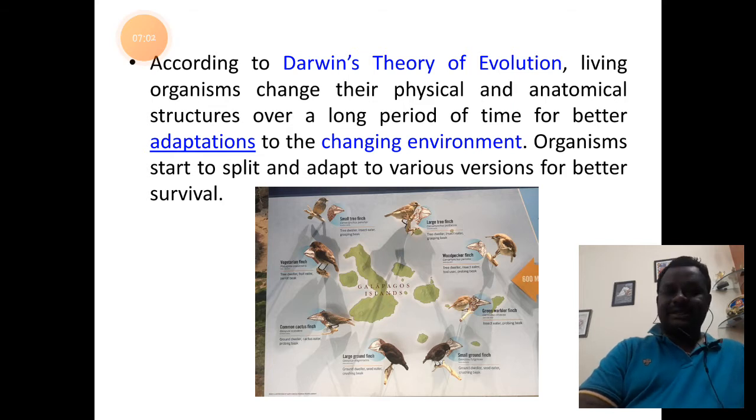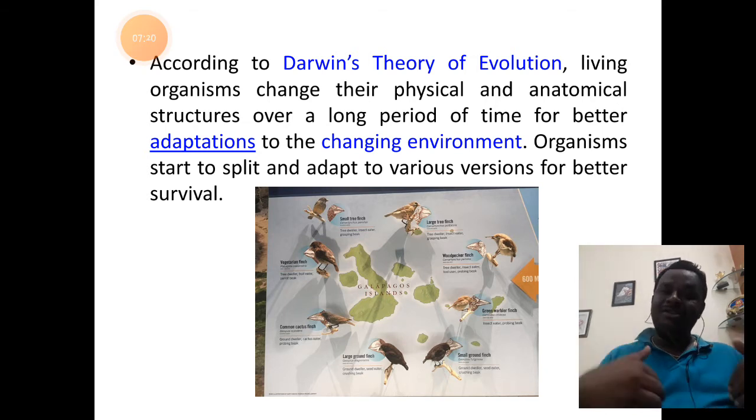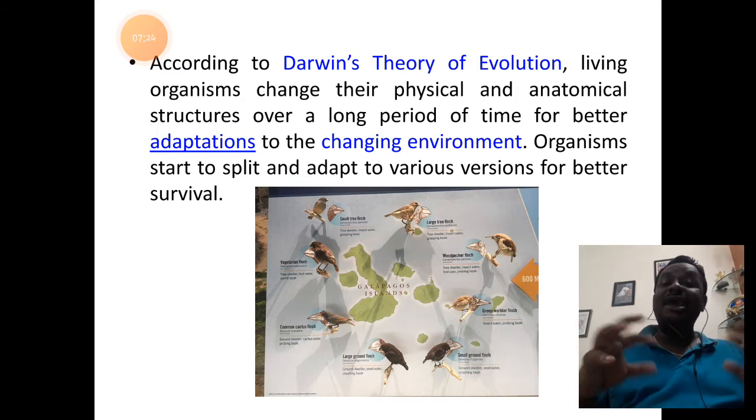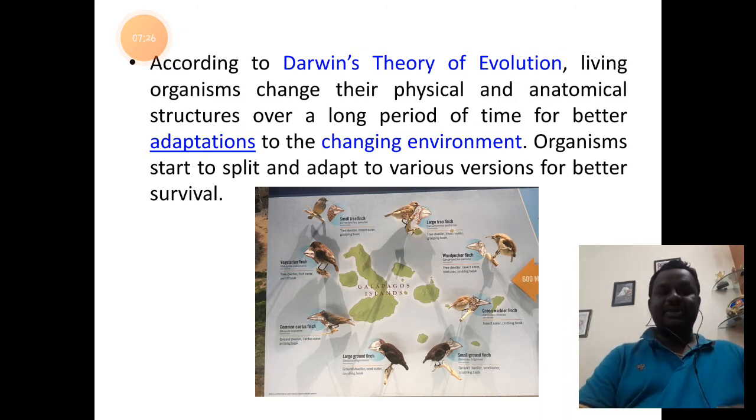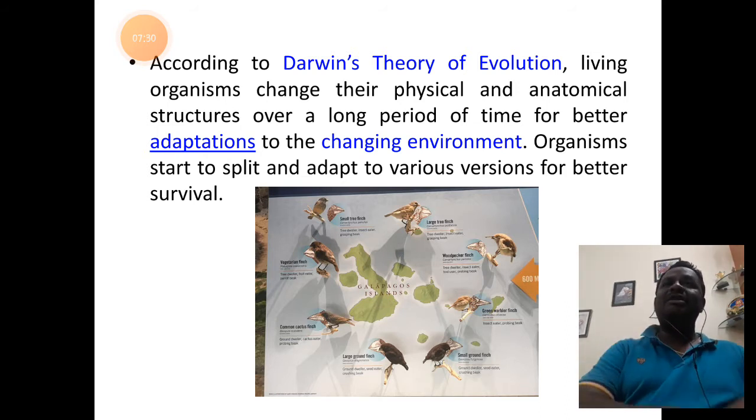When we look at the theory of evolution given by Darwin, he says whenever an organism enters into a newer environment, it shows changes with reference to the physical as well as anatomical, meant to say external and internal change of structures. It is mainly due to change in the environment influence.